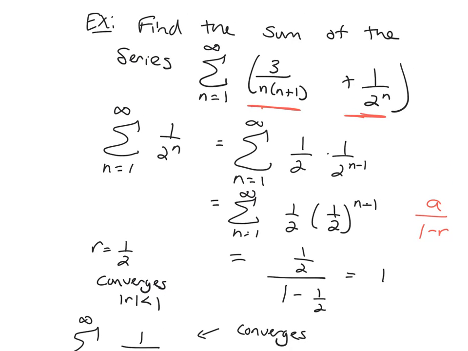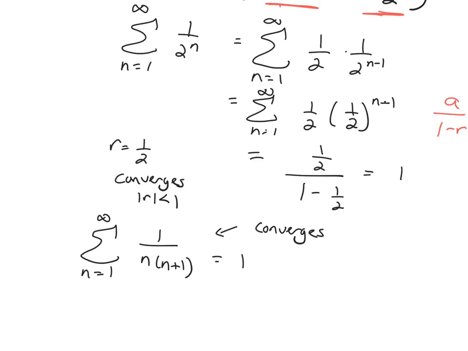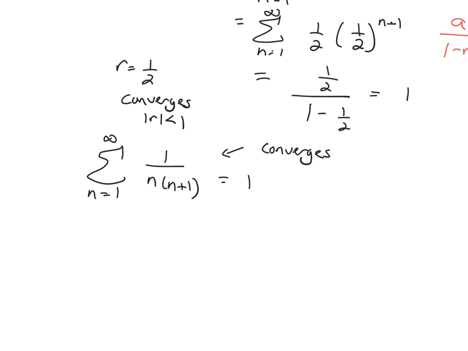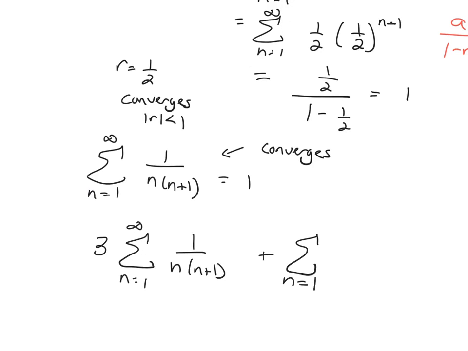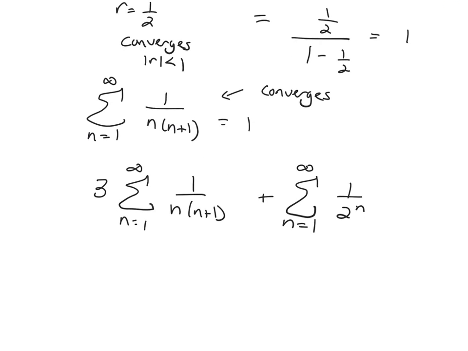So now that I know each piece of these series converges, I can now split up this sum and I can pull out the constant 3. So the series I was given in the problem is equal to 3 times the sum from n equals 1 to infinity of 1 over n plus 1, plus the sum of 1 over 2 to the n, and I've calculated the sum for both of these to be 1, so this is 3 times 1 plus 1, or 4, and that's the sum of this series.